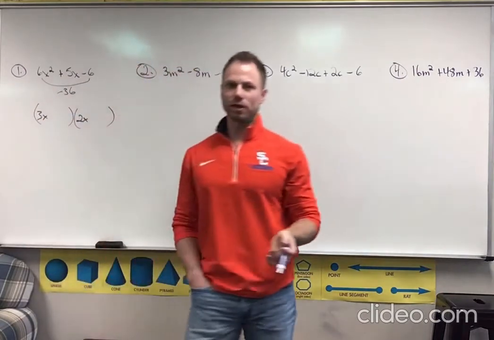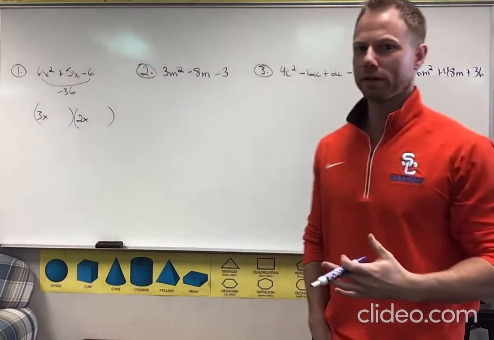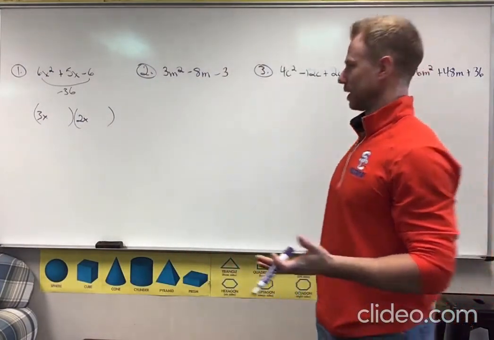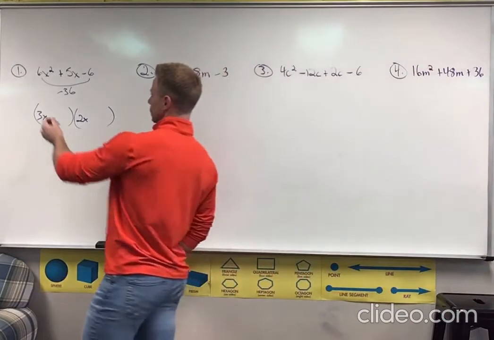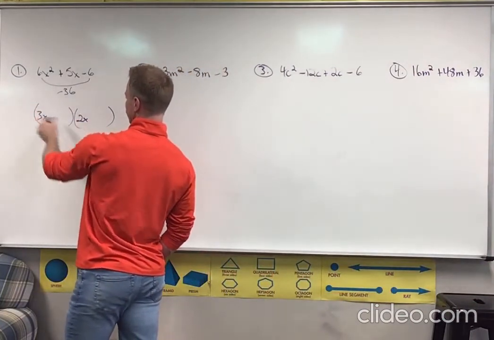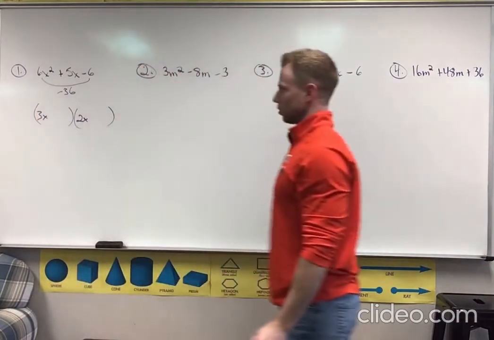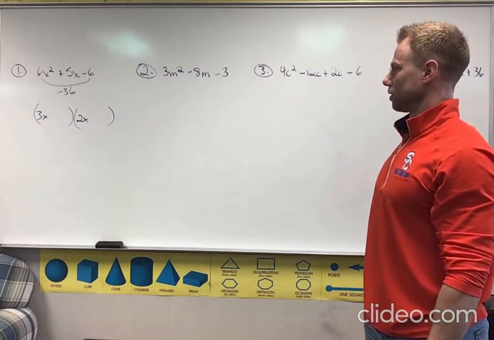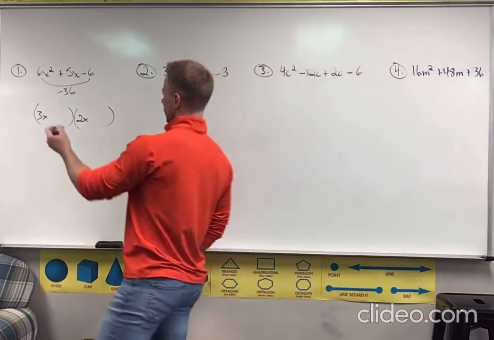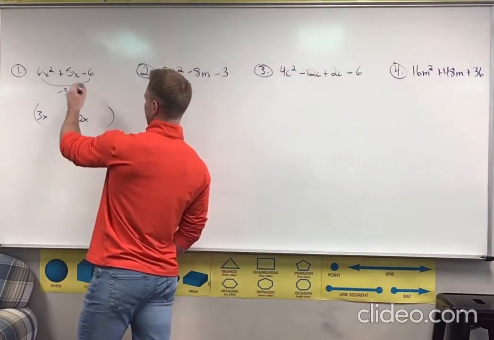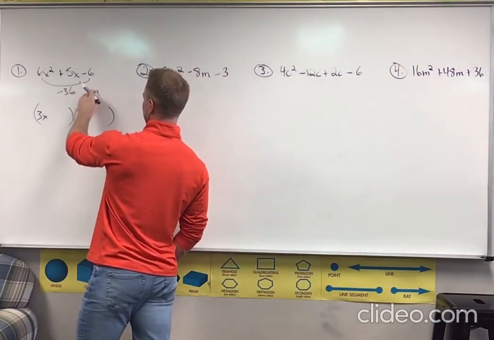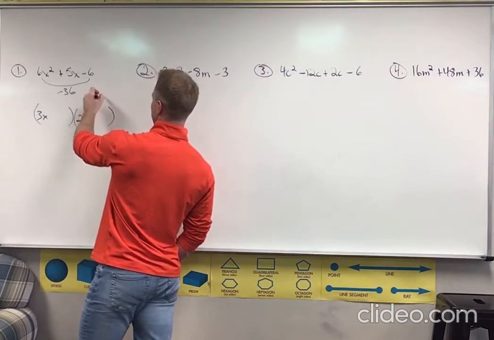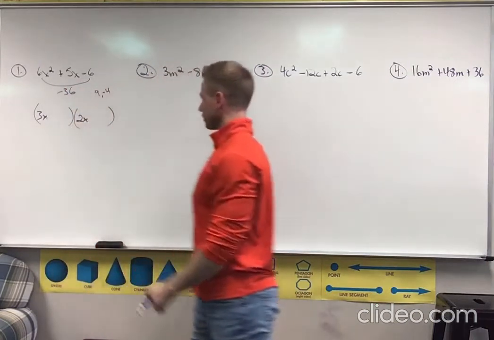Okay, so we really were doing that with 2, but it was always just 2 and 1, so it didn't really make any difference. But now we need to split up the 6 into 3x and 2x in order for us to be able to factor it. So our numbers that will give us negative 36 and positive 5 would be positive 9 and negative 4.